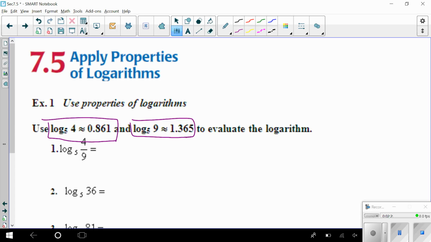So let's rewrite this logarithm, log base 5 of 4/9. That's equal to log base 5 of 4 minus log base 5 of 9.